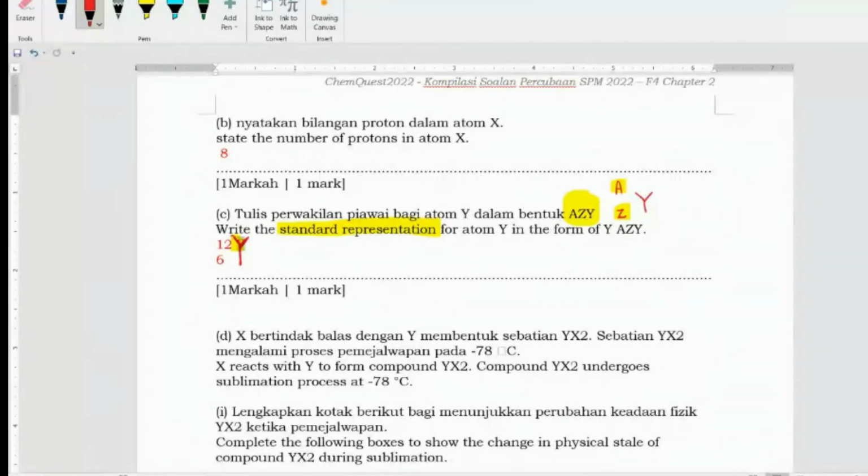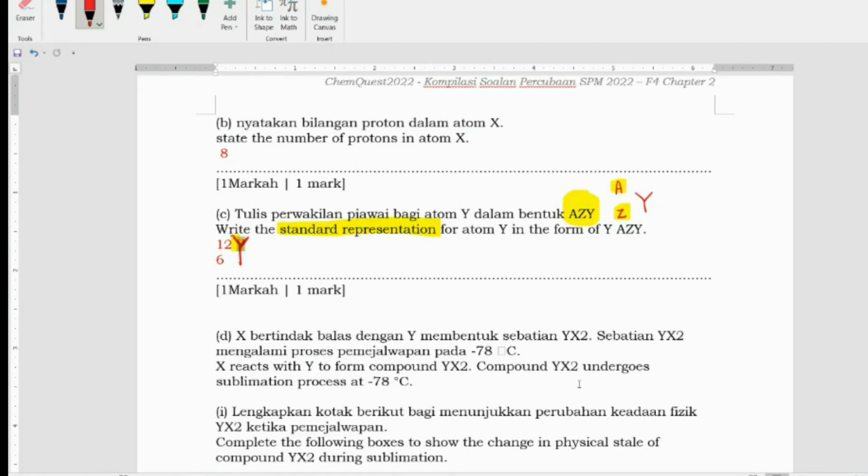Is it ionic or covalent? Ionic? Okay, you also say ionic.